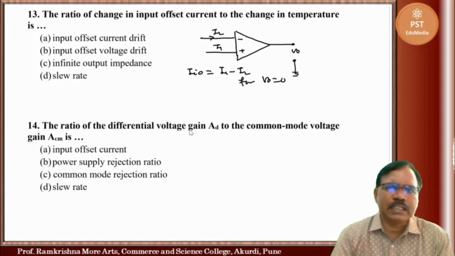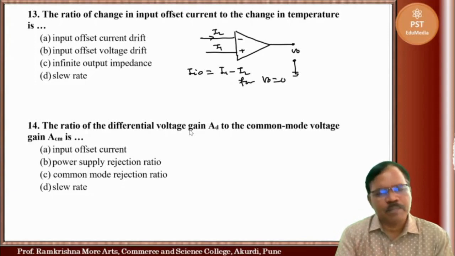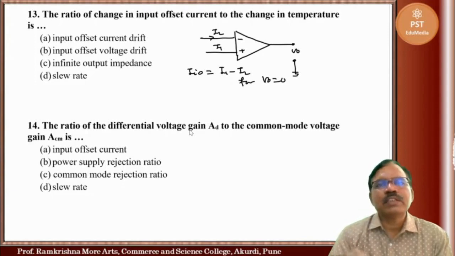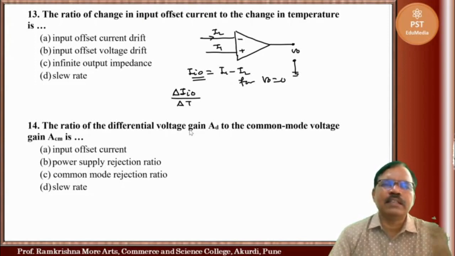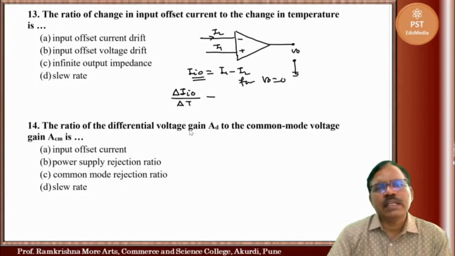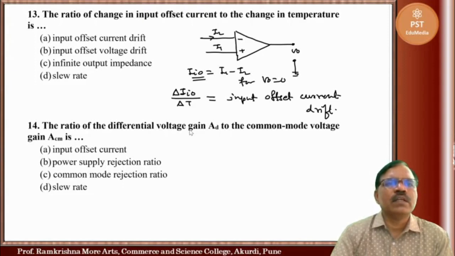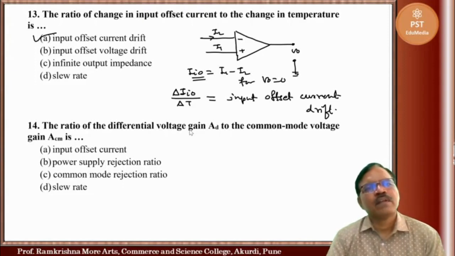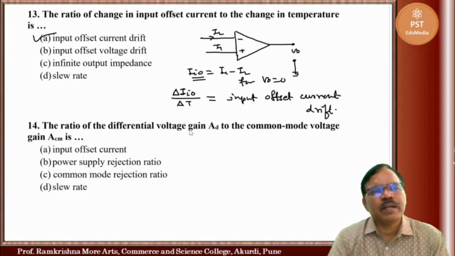But with temperature changes, with time, the operational amplifier may be heated, so there may be a change in the input offset current. So delta Iio upon delta T, the increase in temperature, this ratio is called input offset current drift.